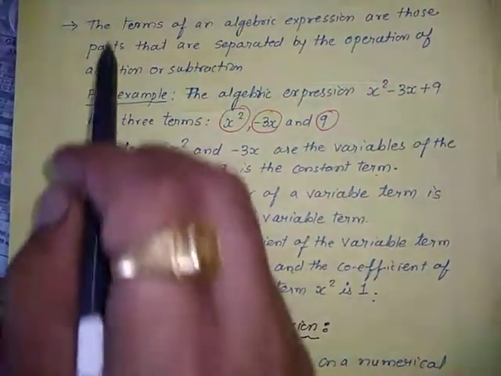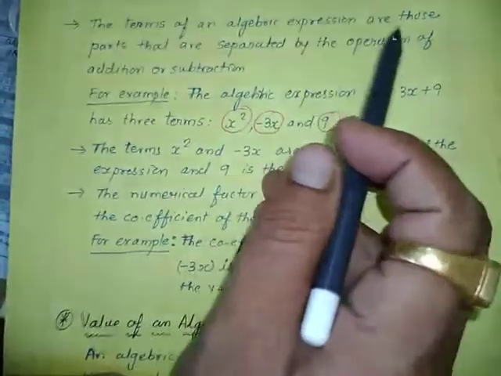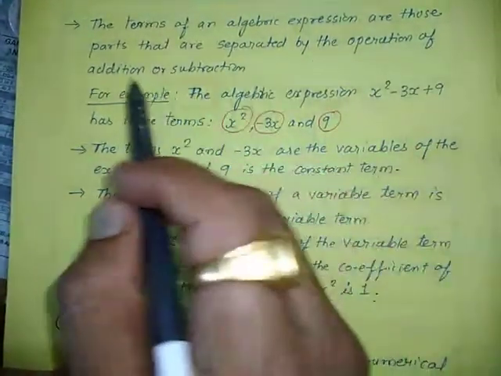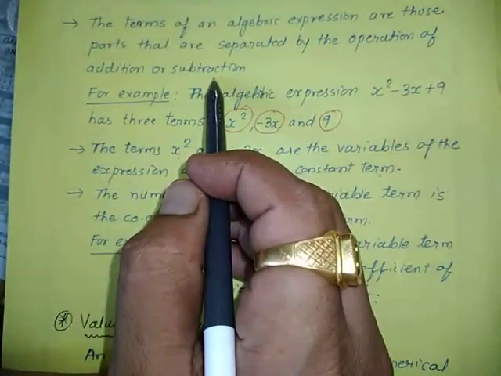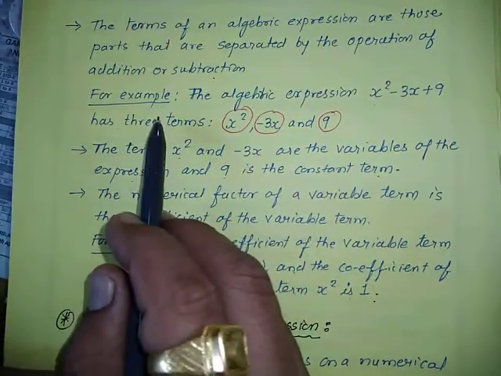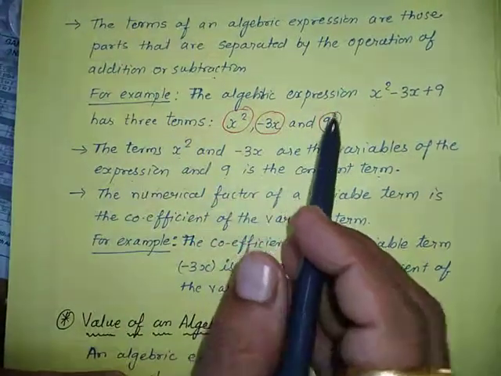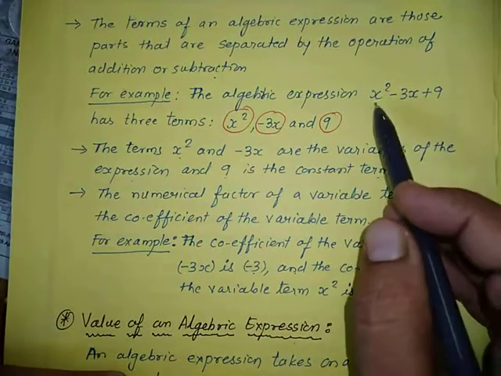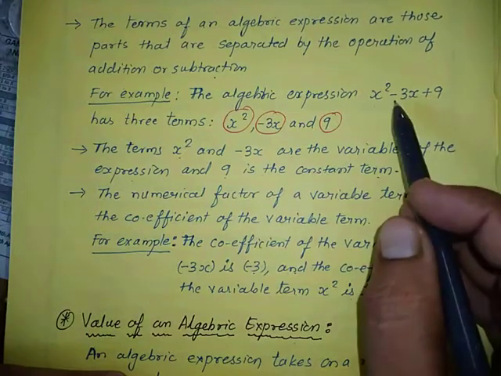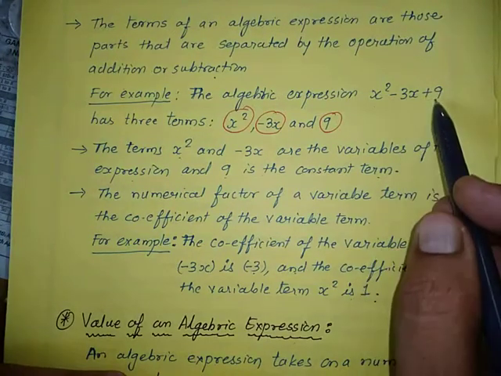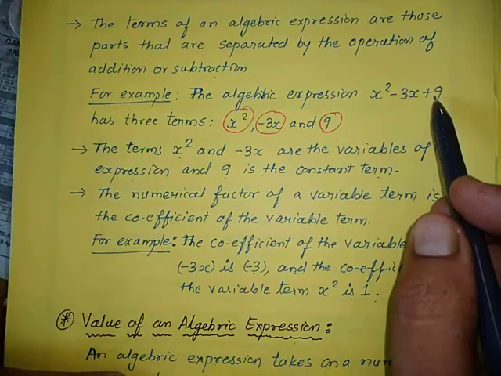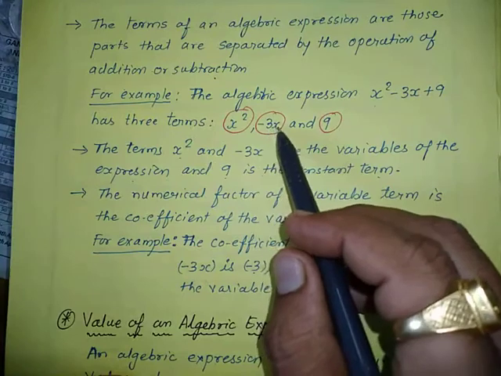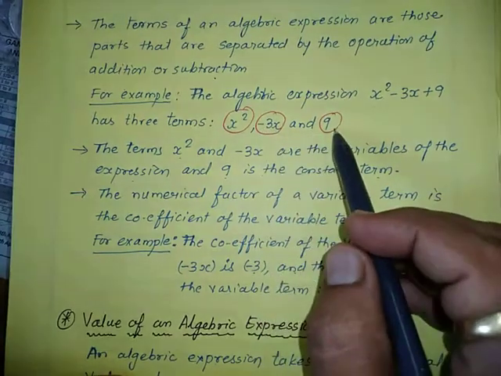Now, the terms of algebraic expressions are those parts that are separated by the operation of addition and subtraction. Suppose, for example, we take the algebraic expression x square minus 3x plus 9. These three terms are separated by addition and subtraction signs. So in all there are three terms: x square is a separate term, then minus 3x is also a separate term and 9 is also a separate term.